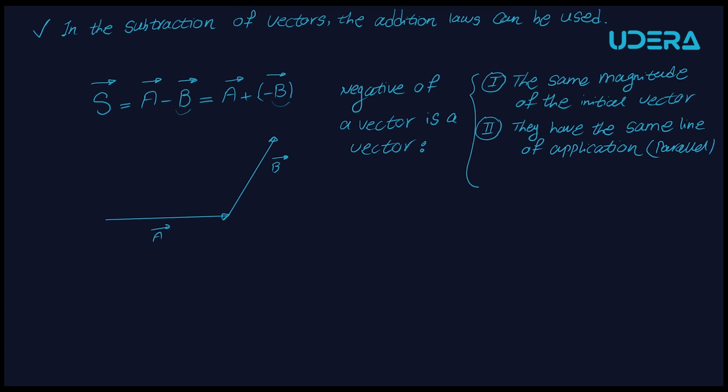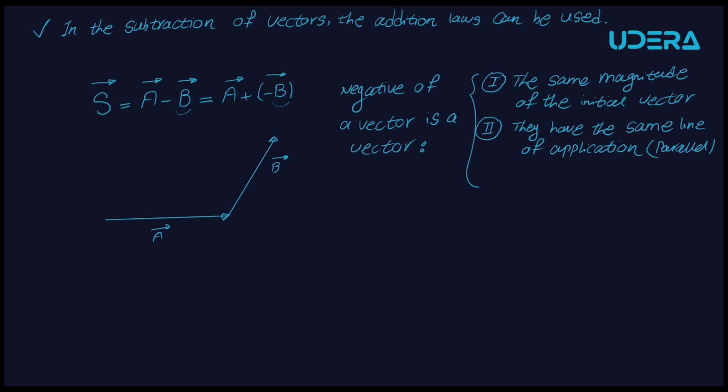About the line of application, I will talk in more detail when we start the topic of force. But at the moment, the line of application is a line along which a vector has been applied.